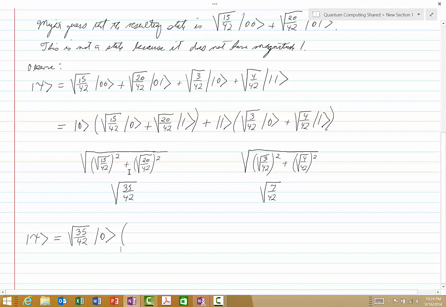So if I divide both of these terms by the square root of 35 over 42, you can see that I'll get the square root of 15 over 35 |0⟩, plus the square root of 20 over 35 |1⟩.